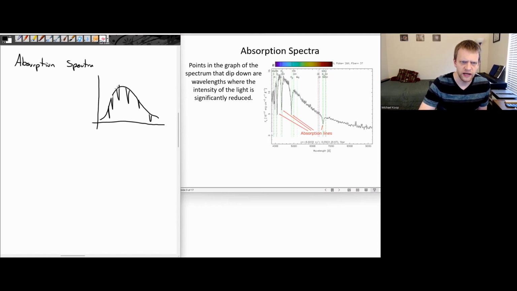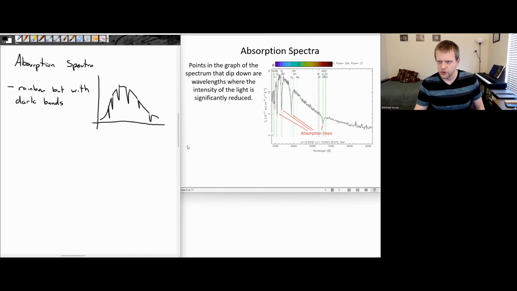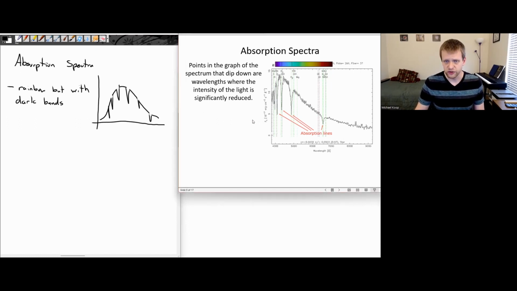To get this right, I'd have to erase these little parts and get something looking kind of like how it's supposed to. Basically, what the spectrum is going to look like is this rainbow of colors, but it's missing a few bands. So the spectrum is the rainbow, but with some dark bands. This spectrum is quite a bit different looking than what we had for the emission spectrum.